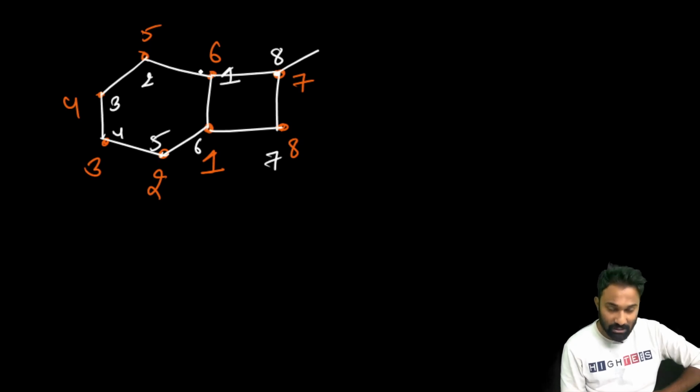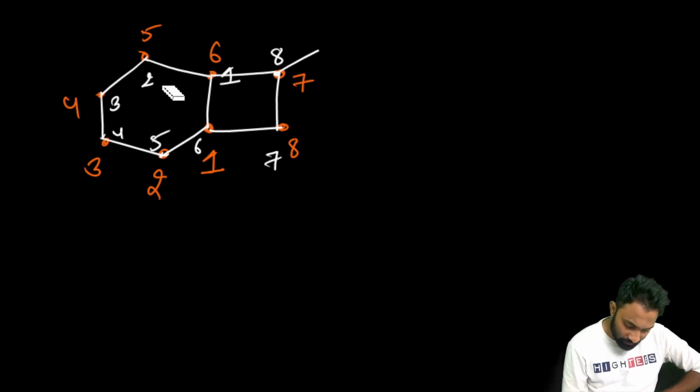Means if I choose the white numbering, the substituent is getting 8. If I choose the orange numbering, the substituent is getting 7. So which is the correct one? The orange numbering is correct.